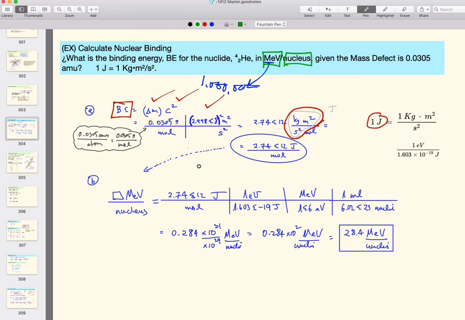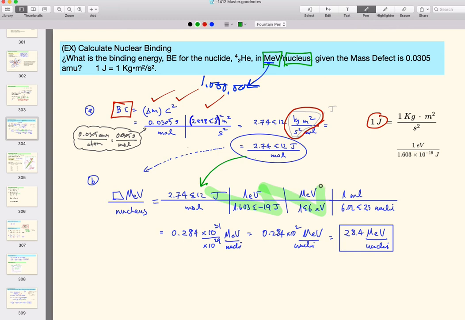So now what we have is a simple conversion factor, a first semester conversion factor. What are we targeting? Mega electron volts per nucleus. We write the answer that we started with, and we're going to convert joules to electron volts using our conversion factor, and then convert electron volts to mega electron volts.